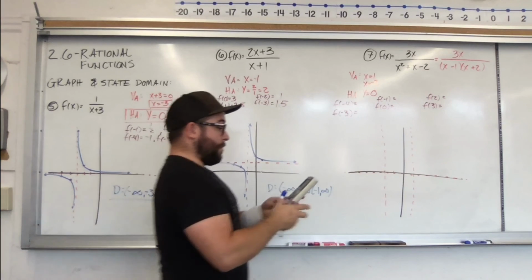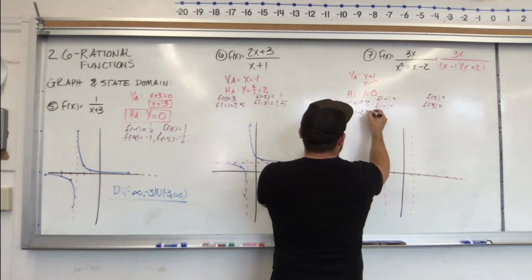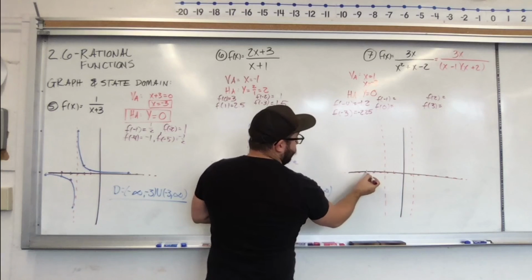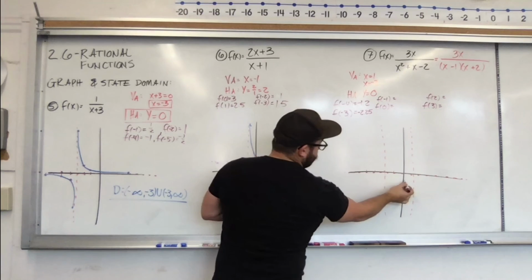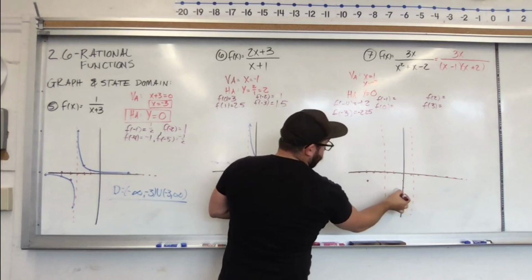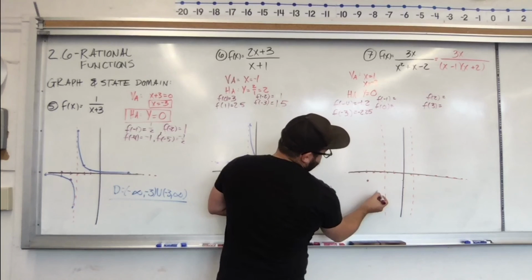So let's do -4, we get -1.2, and -3 gives -2.25. So -4 is at -1.2, then -3 was at -2.25, so a little past that. So about here.